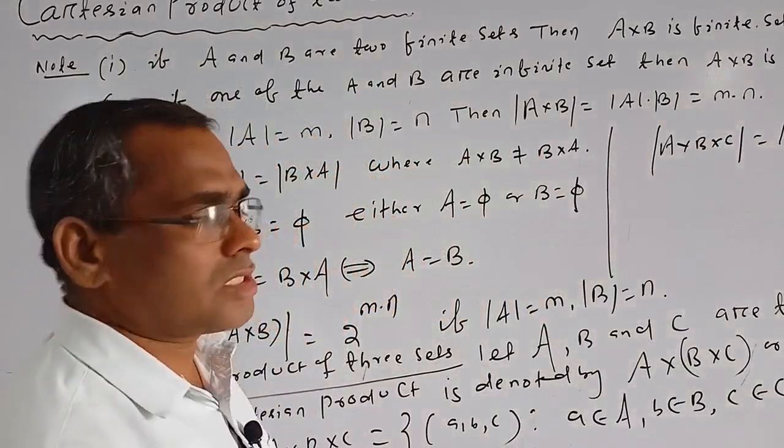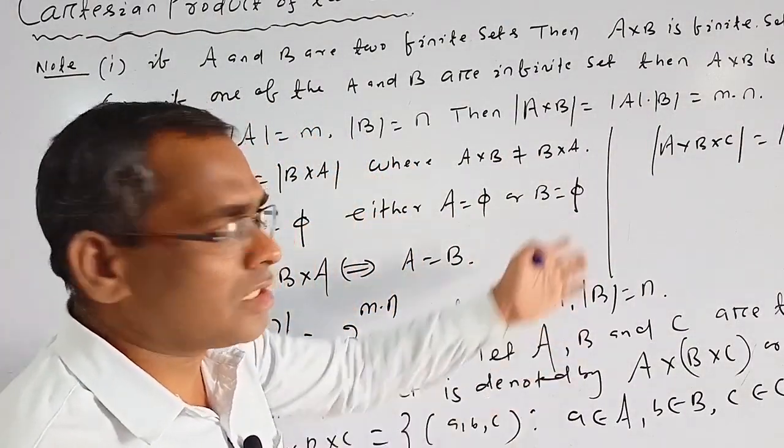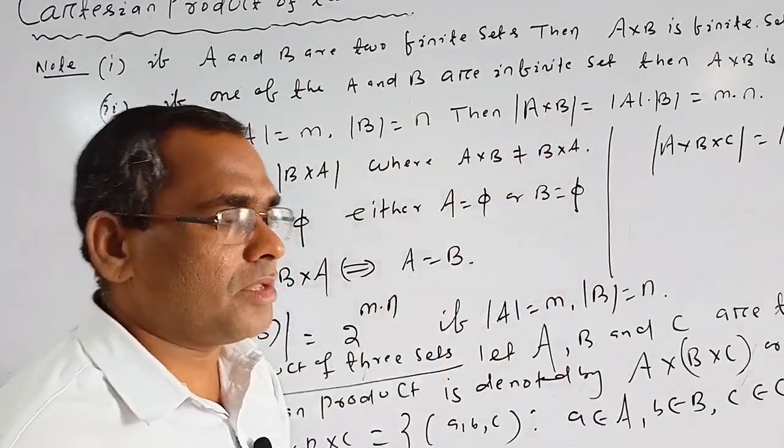Out of three sets, if one set is an infinite set, then its Cartesian product is infinite.